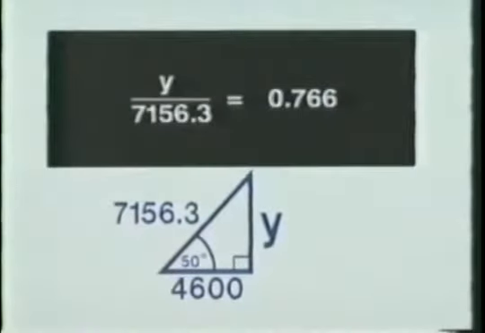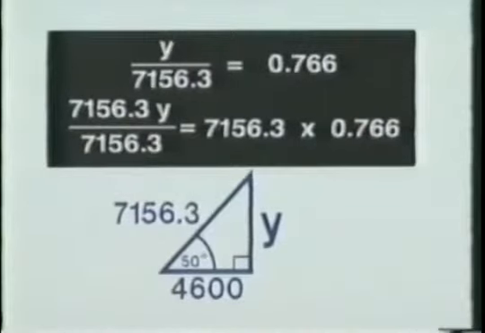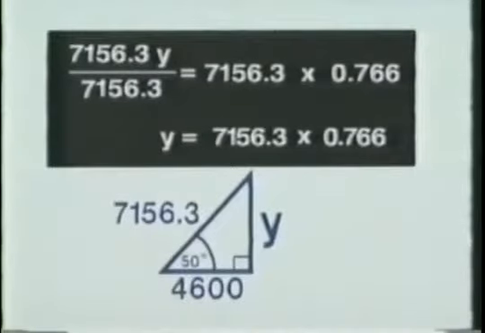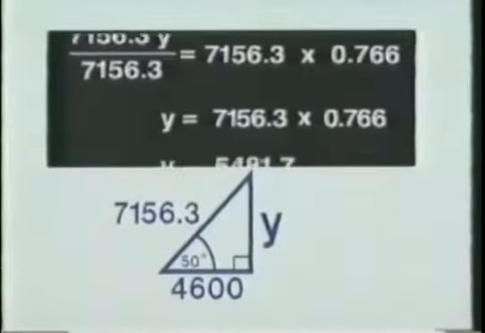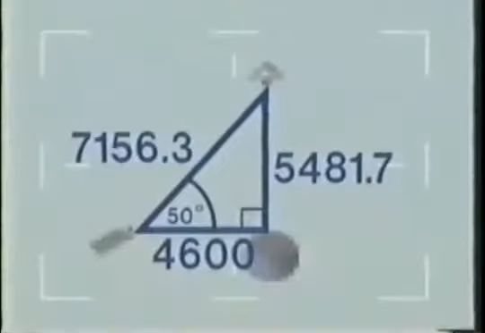All we have to do is solve the equation for y. So probe 1 must reach an altitude of 5,481.7 kilometers to pick up Geosat 4.